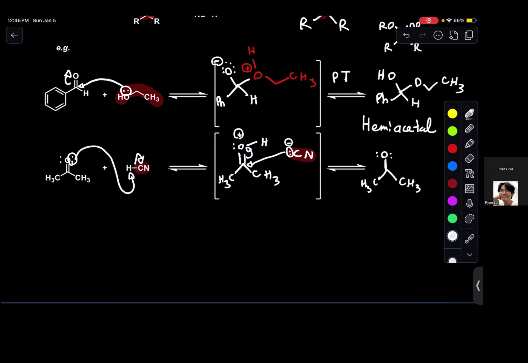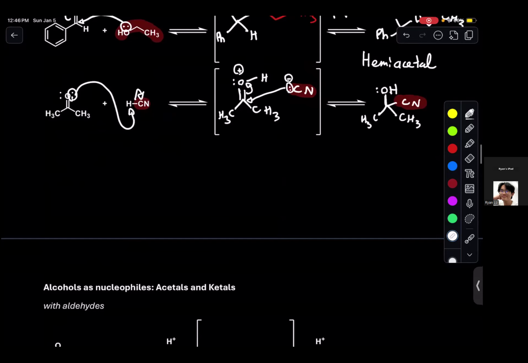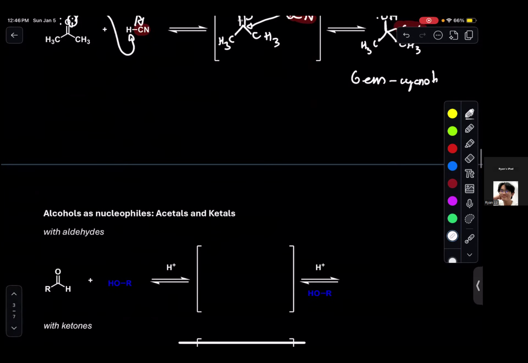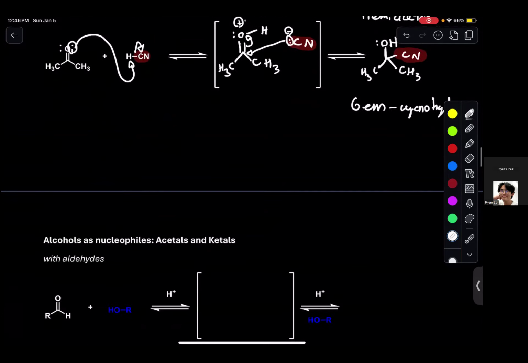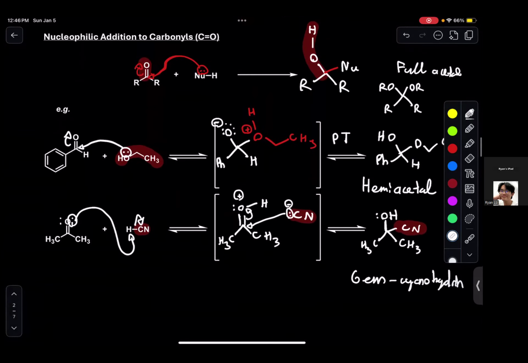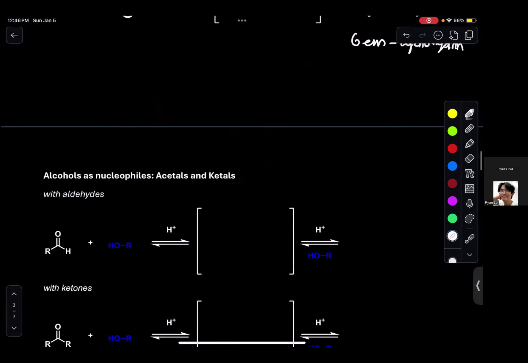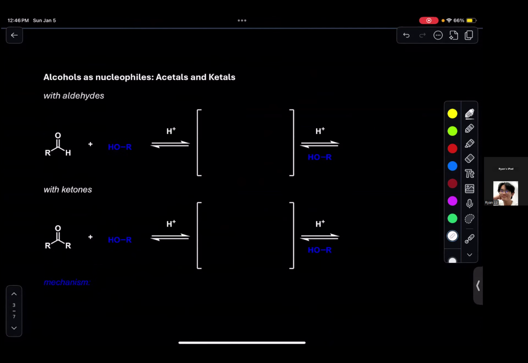Then you're going to end up with the CN right here. This is considered a gem cyanohydrin. Cyanohydrin. Lovely.